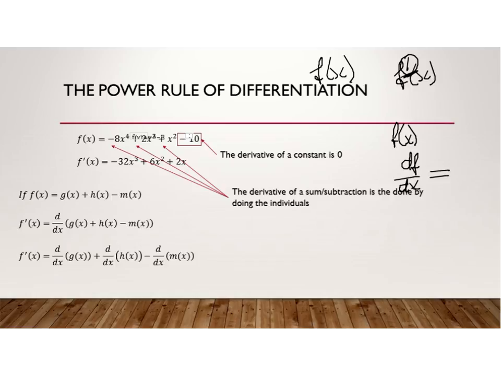It's exactly the same thing. df dx and f dash x are exactly the same thing, and you can use them interchangeably. Anywhere in mathematics, both notations are equally acceptable.